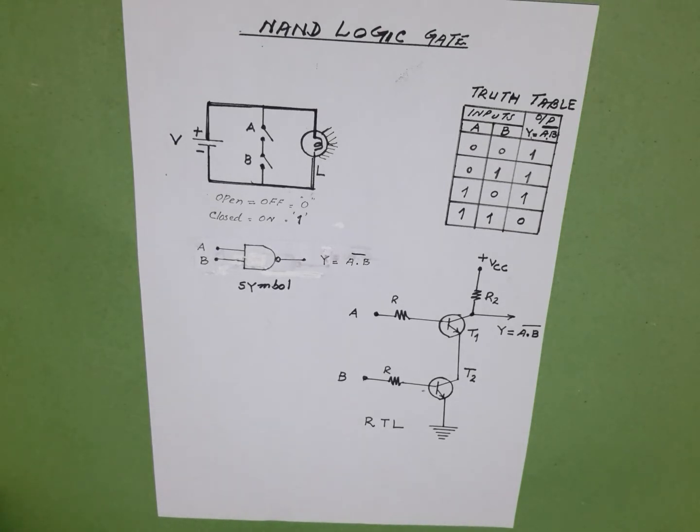Coming to the introduction part, we have already discussed three logic gates, that is the AND gate, OR gate and NOT gate. They are called basic logic gates. Then there are universal logic gates. They are NAND gate and NOR gate.